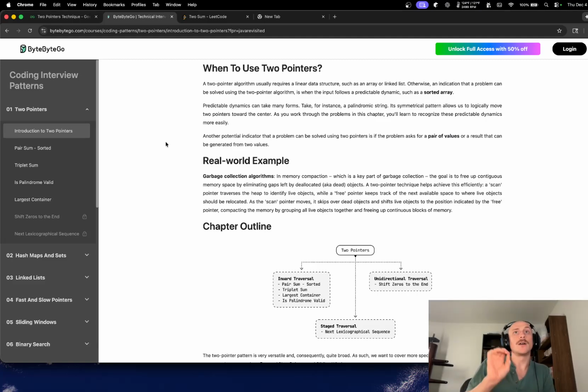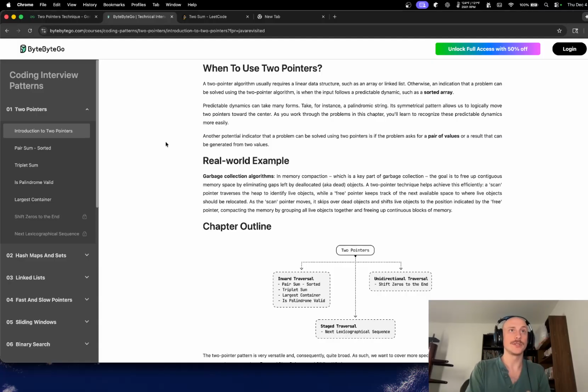which is a key part of garbage collection, the goal is to free up contiguous memory space by eliminating gaps left by deallocated, aka dead, objects. A two-pointer technique helps achieve this efficiently via a scan.